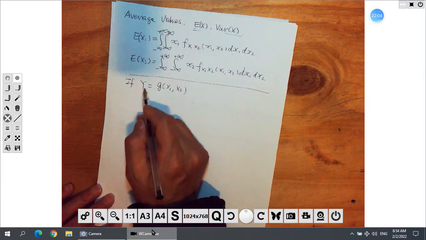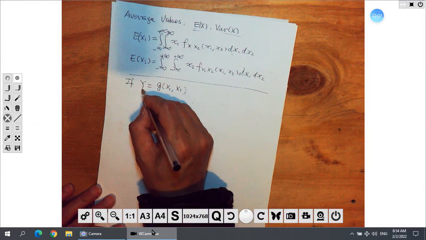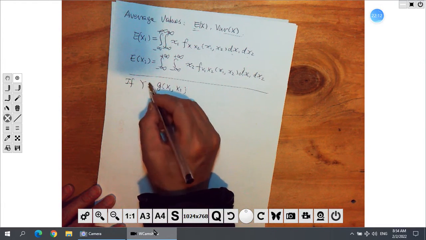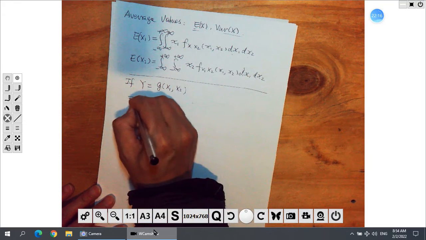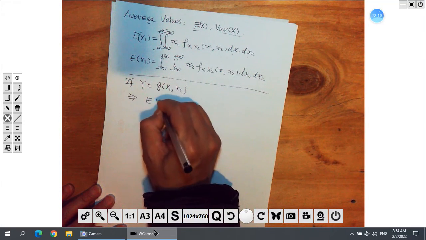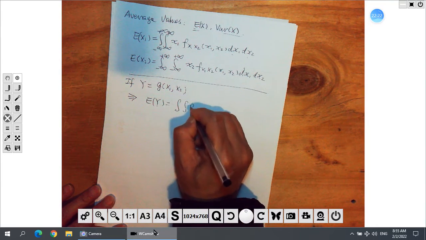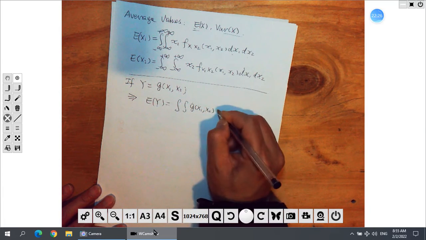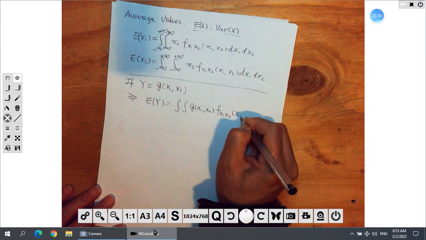Then you can build another random variable Y. If you want to find the density function of Y, usually that is hard. But if you just want the average value, then the average value of Y equals the integration of g(x1, x2) times f(x1, x2).